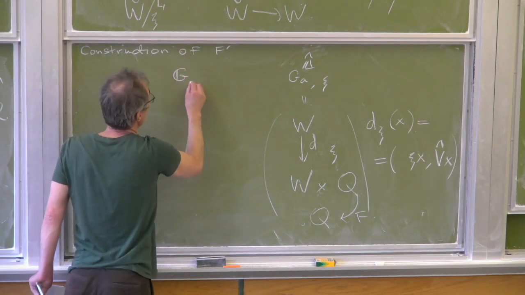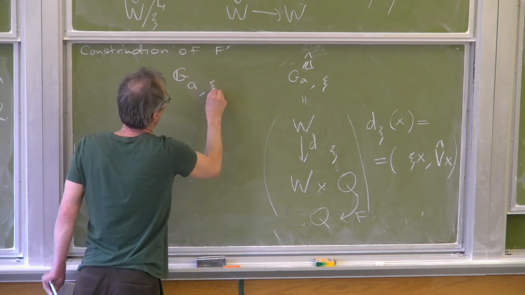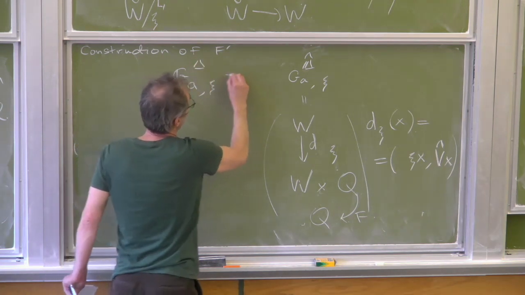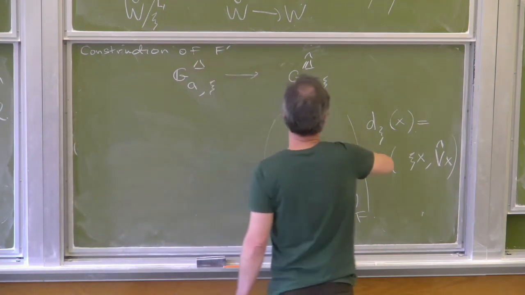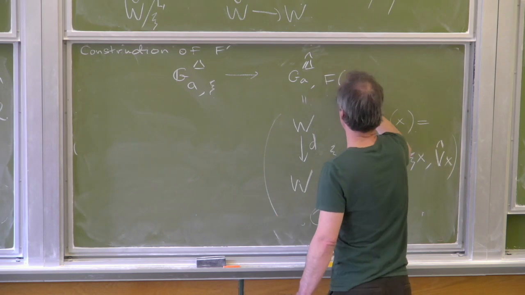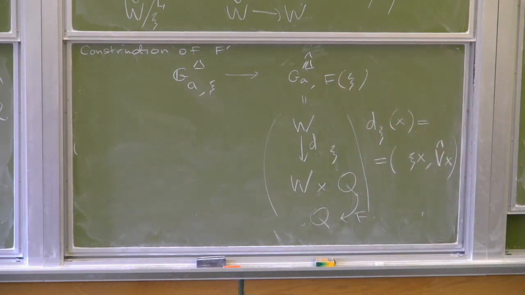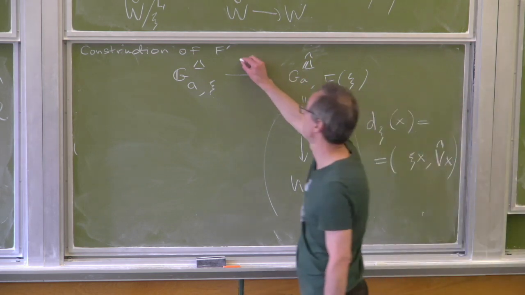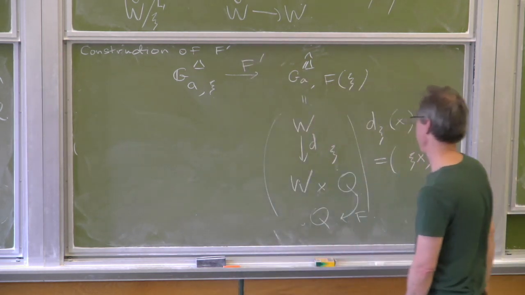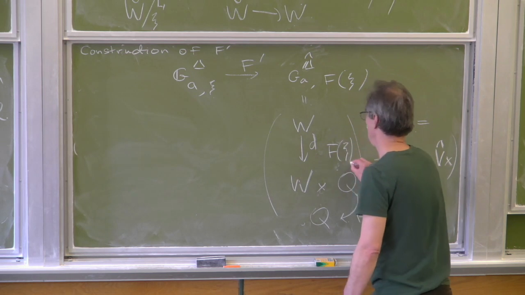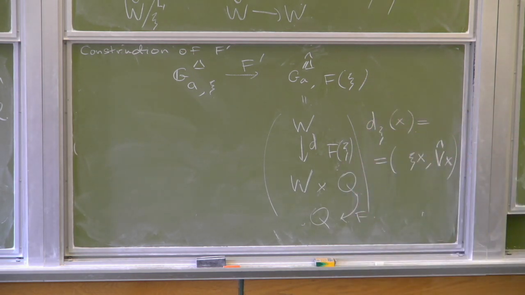We have to produce a map from G_a usual prismatization to the sheared prismatization, but computed at F. These will be the formulas. So I have to replace everywhere C by XC.